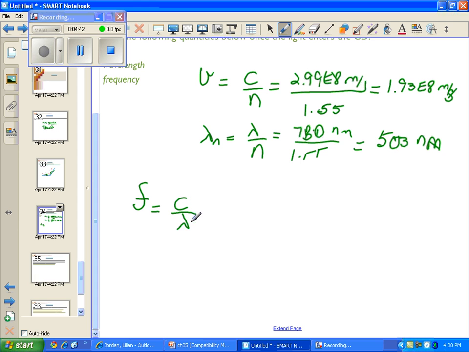So speed of light over wavelength of light in vacuum, or speed of light reduced in the plastic divided by the wavelength of the light in the plastic. And in both cases, we get 3.83 e to the 14 hertz. In other words, unchanged, unaffected by whether the light is traveling in the air or the plastic.